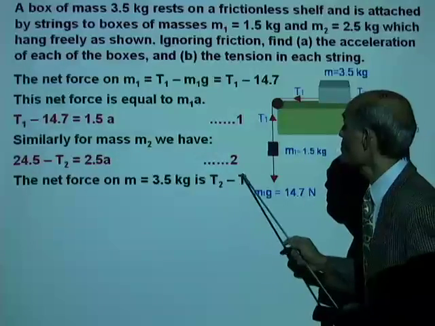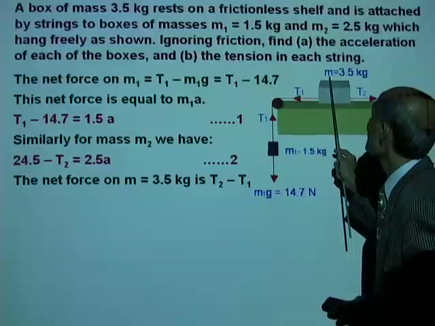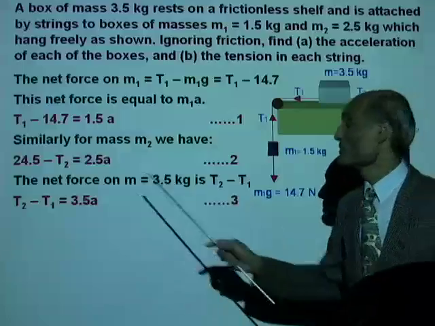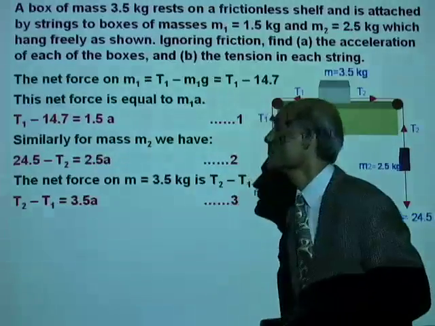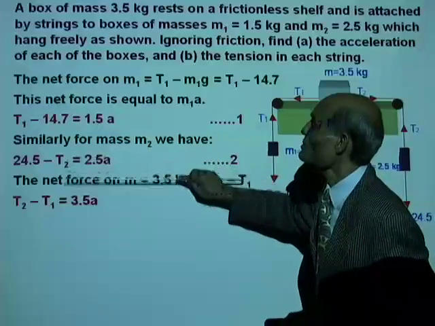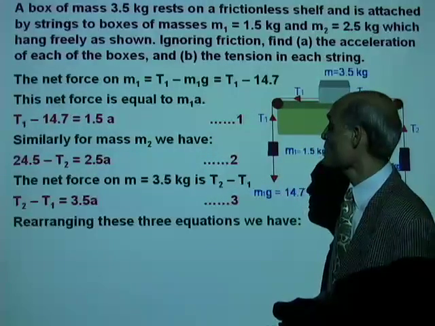So T2 minus T1, the net force equal to MA, 3.5A. So T2 minus T1 equal to 3.5A. We have three equations, and you can solve for these three equations.